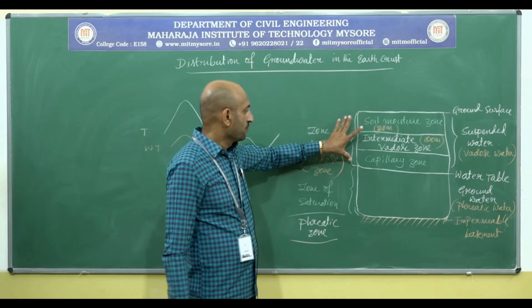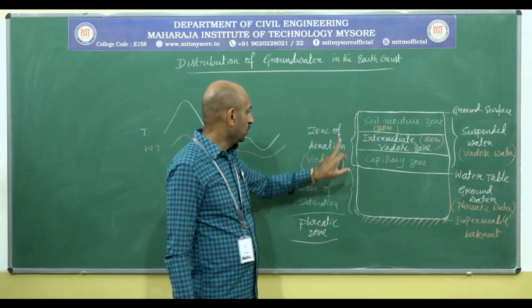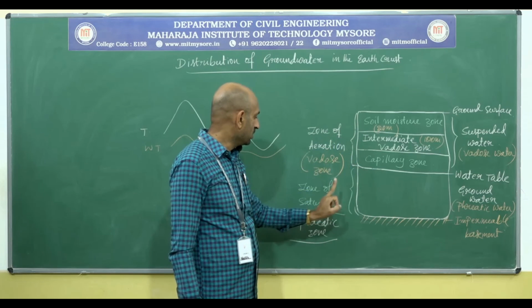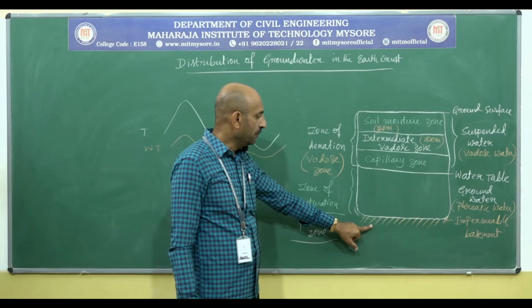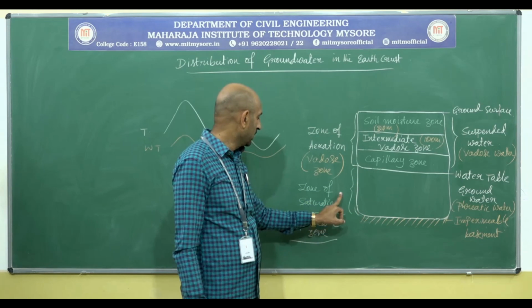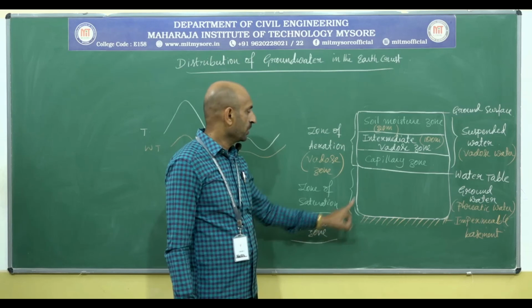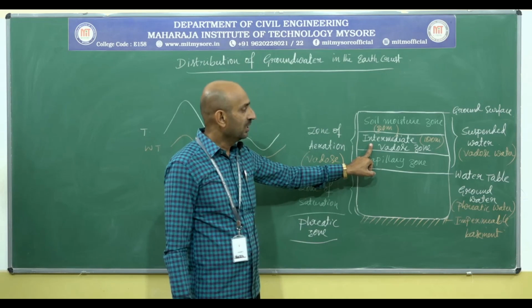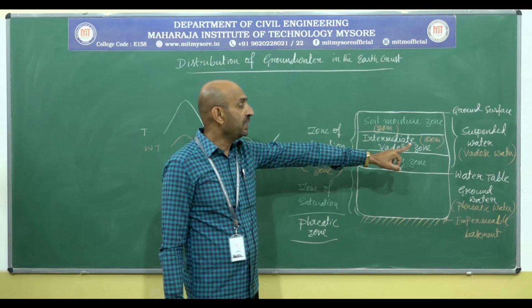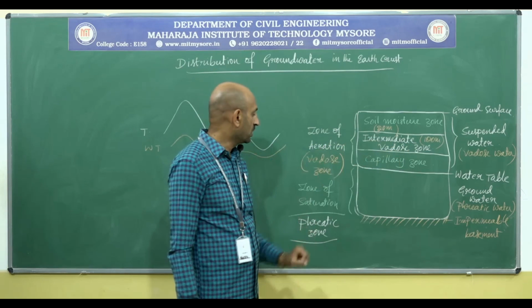Very simple. This is the area which is called the zone of aeration. This is the area between the water table and the impermeable basement, called the zone of saturation. Water which is present in the zone of aeration is called suspended water or vadose water.